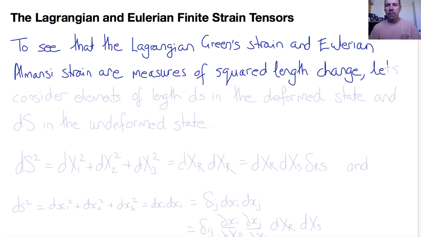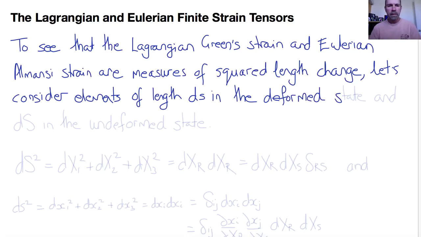The square comes about from the fact that we needed to take F transpose F or F F transpose to eliminate the rotation and be left with something that only depends on stretch. And you can think of this as being a consequence of Pythagoras' law. So we'll consider elements of length d little s in the deformed state and d big S in the undeformed state.